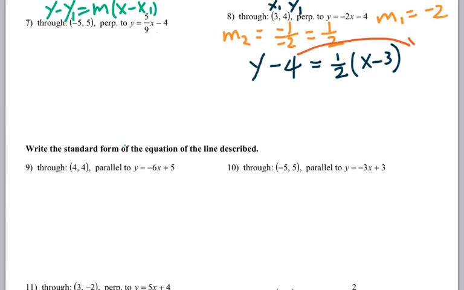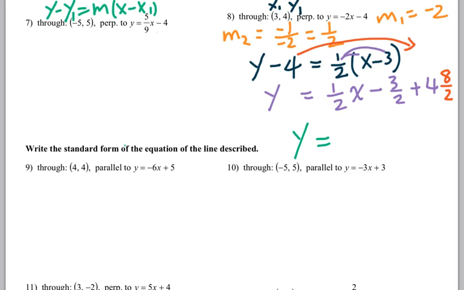Then I do the distributive property, then I move negative 4 to the other side. I will get y equals 1 over 2x minus 3 over 2 plus 4. So I can change 4 into 8 over 2. Then the answer will be y equals 1 over 2x plus 5 over 2.